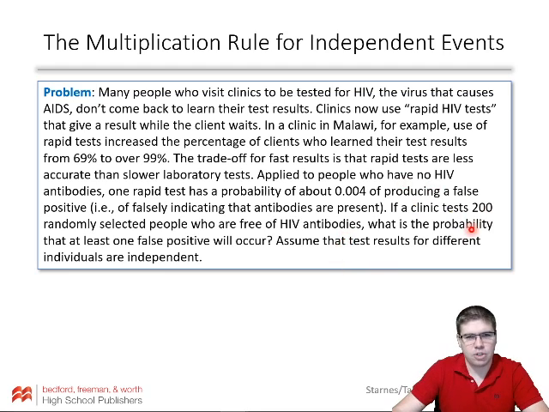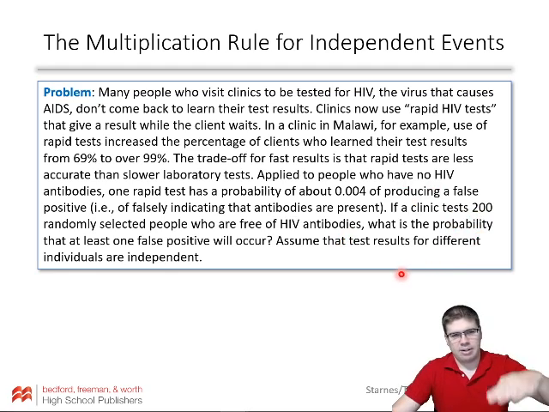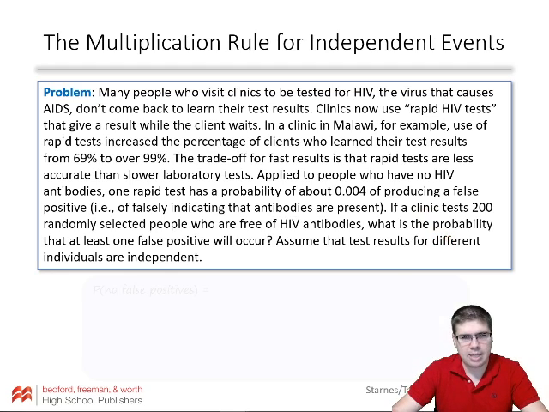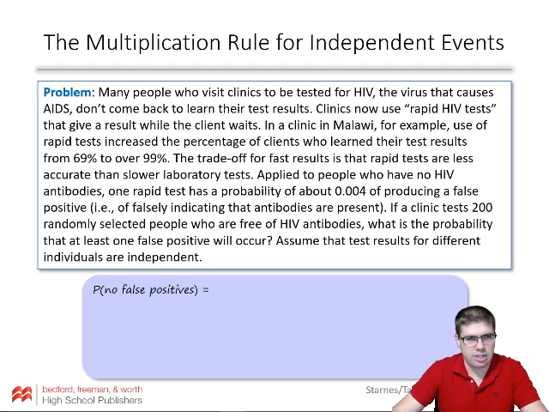So they're going to test 200 people. One way of doing this is to figure out all the different ways for each individual and multiply it out. But actually, the best way of doing this type of situation is if I want no false positives, we can just do a multiplier here: the probability that all 200 tests are negative.